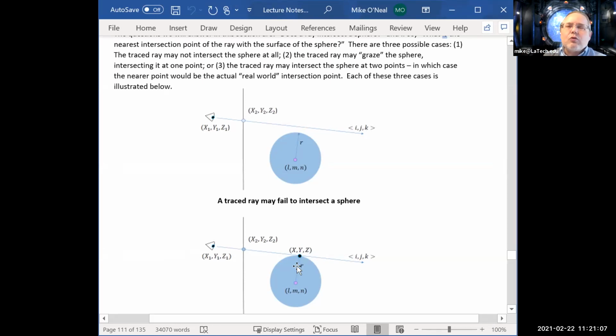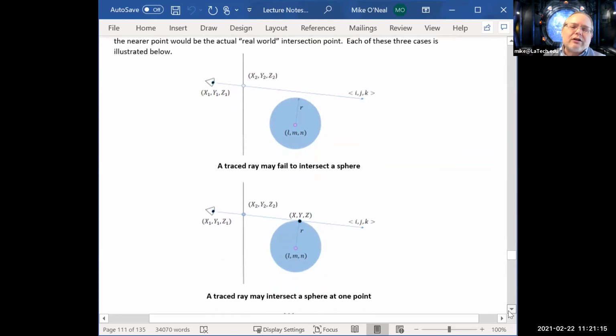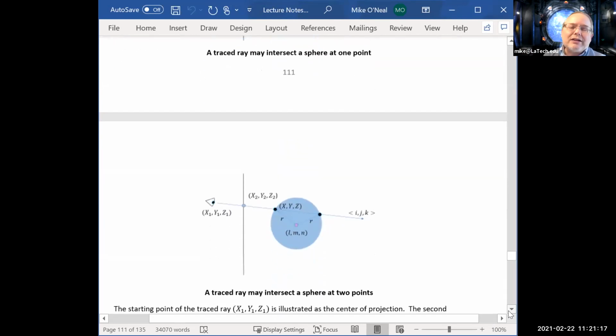But if your discriminant is greater than 0, positive, then because it's plus or minus the square root, you'll have a minus and a plus. You'll have 2 points. And in that case, you'll take the smaller t. It'll tell you how far to walk down this direction from some starting point to hit the nearer spot on the sphere.